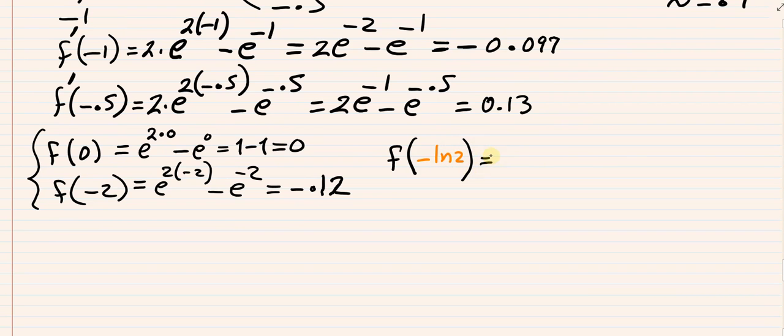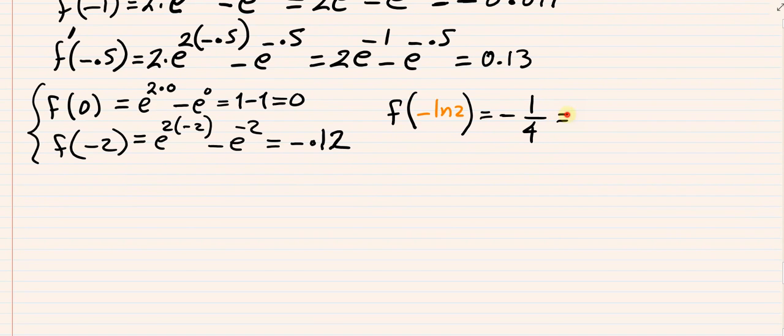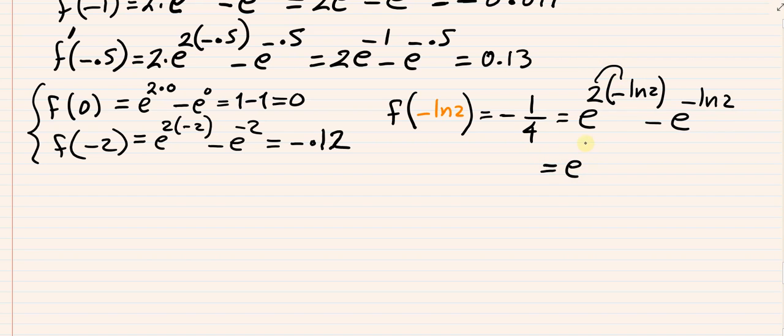Now f at negative ln of 2, I did that part also, and I got negative 1/4. That's actually the exact value, because for this one you do e to 2 times negative ln of 2 minus e to negative ln of 2. So that's equal to e to 2 times negative 1, which I'm going to write as ln of 2 to negative 2, minus e to ln of 2 to negative 1.